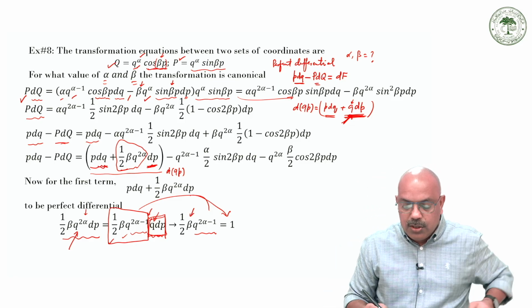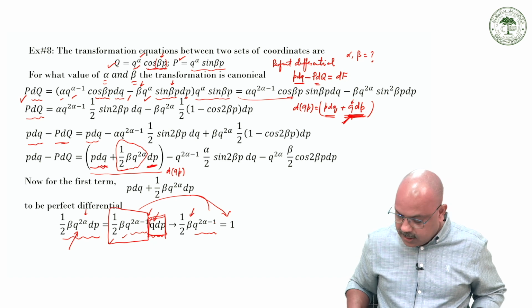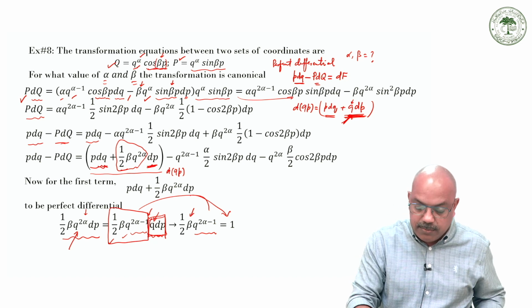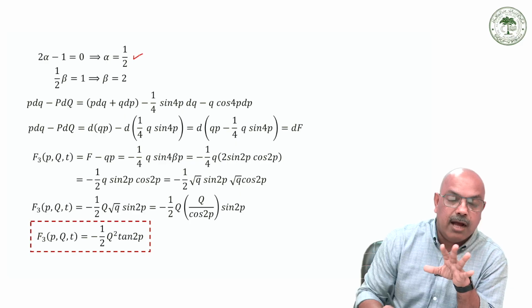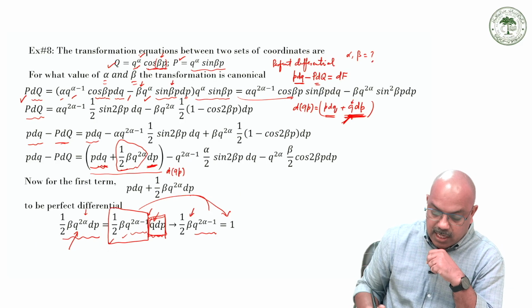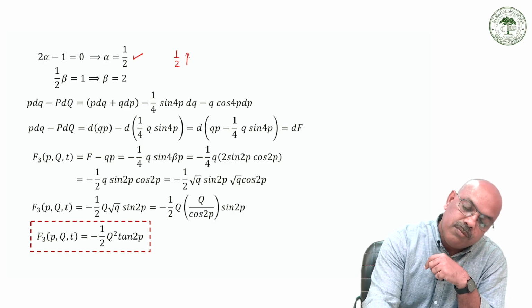So if 2 alpha minus 1 is going to be 0, then alpha becomes half, and then when alpha becomes half, what do you have, half beta q to the alpha minus 1.